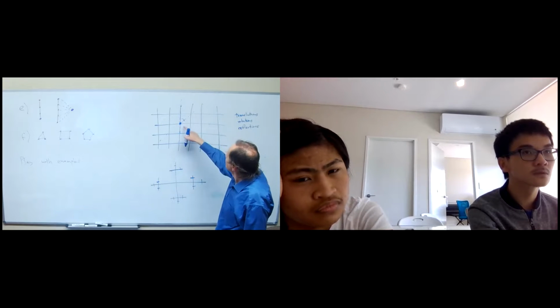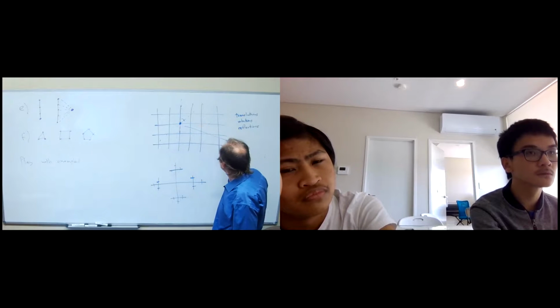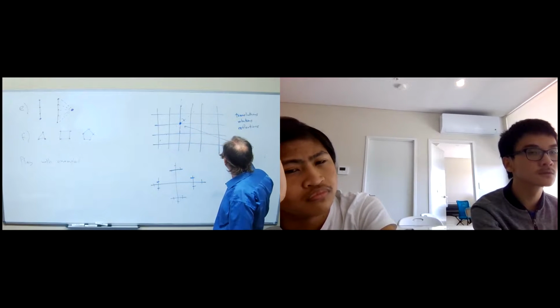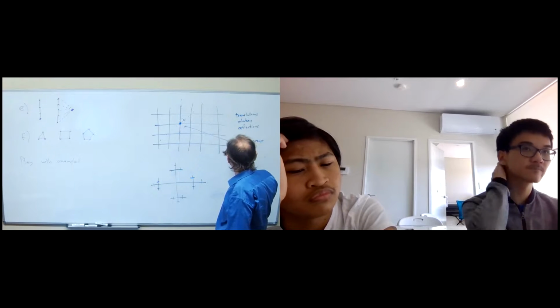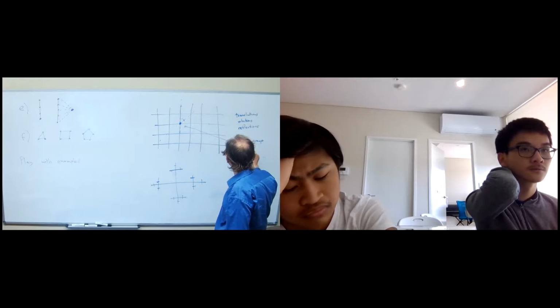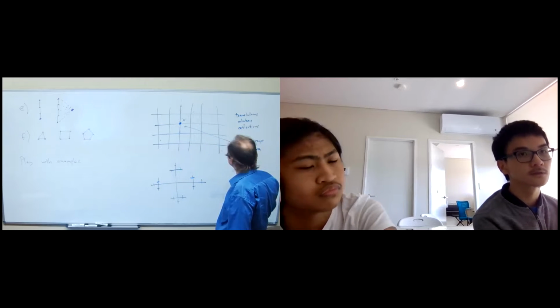So in fact, if we're fixing a vertex, the symmetry group is the dihedral group.